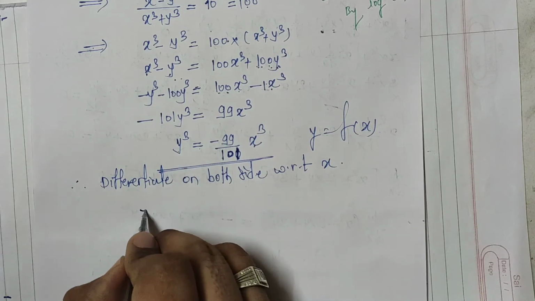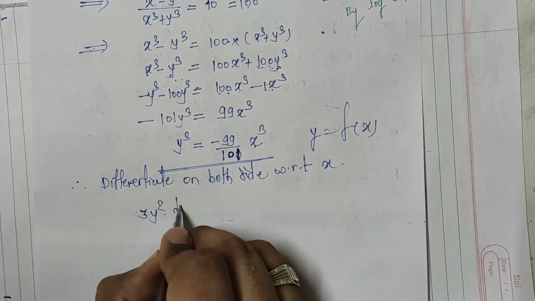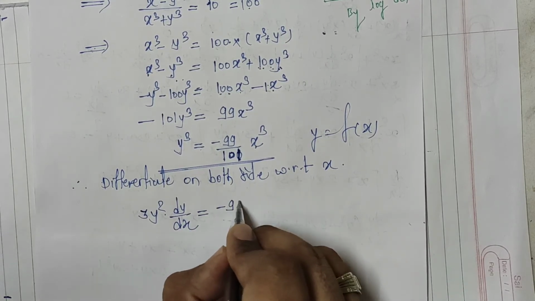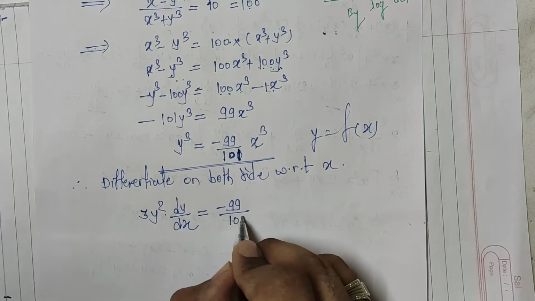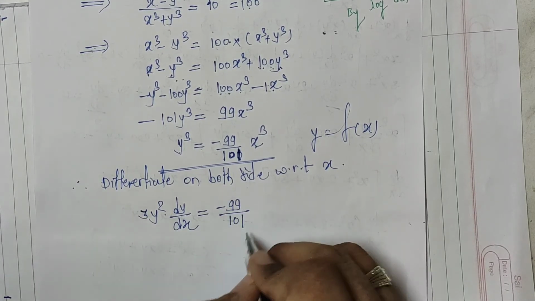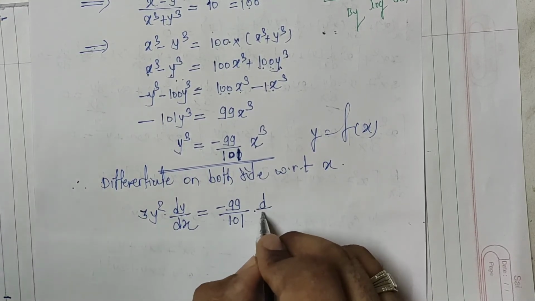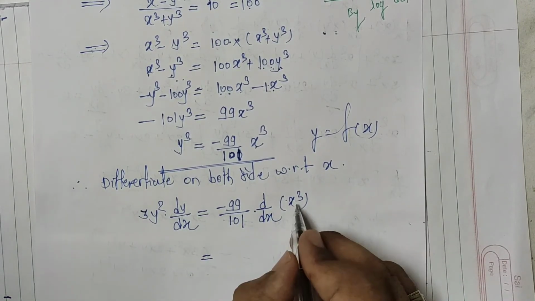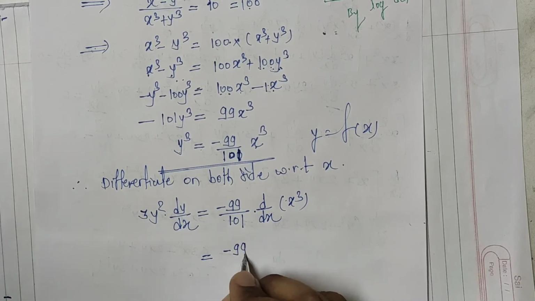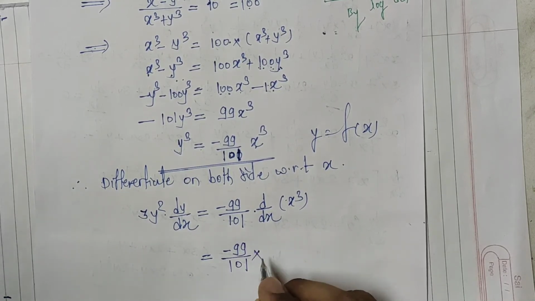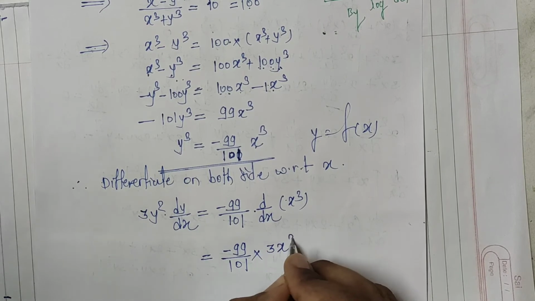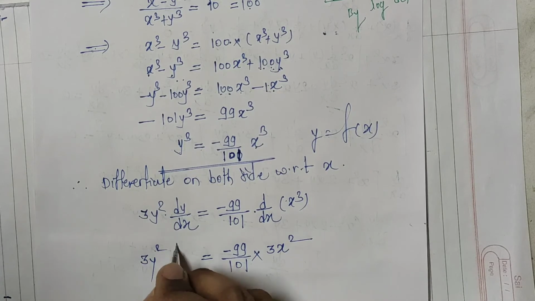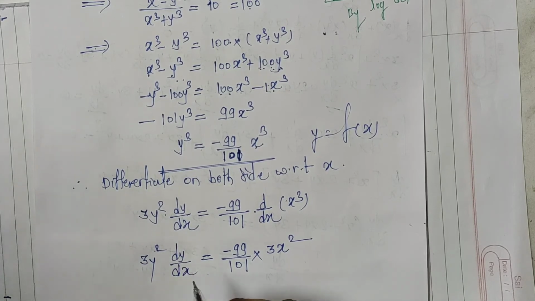The y cube derivative is 3y square into dy upon dx, is equal to minus 99 upon 101, which is a constant term, into the derivative of x cube. What is the derivative of x cube? The x cube derivative is 3x square.